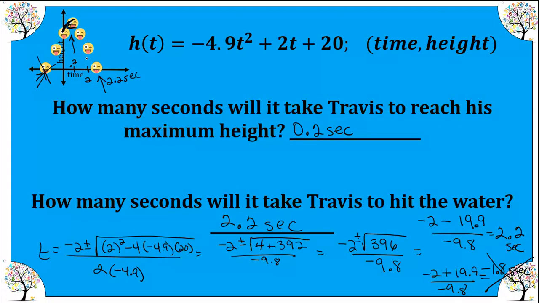So again, when you're doing projectile motion, remember, the height depends on how long the object has been in the air. So your inputs are your seconds, your output is your height. And we're either going to be talking about meters or feet.